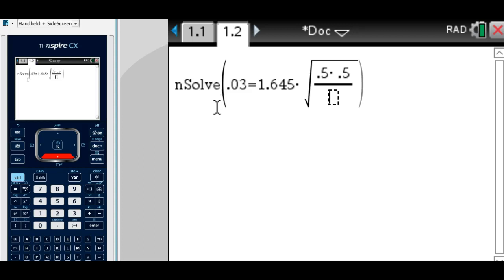Maybe I won't use x. Maybe I'll use n. Okay, and then you want to make sure that you click outside of that radical.